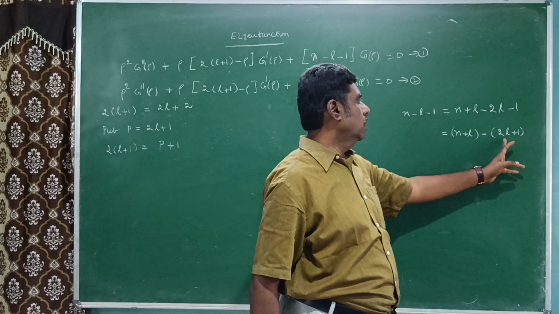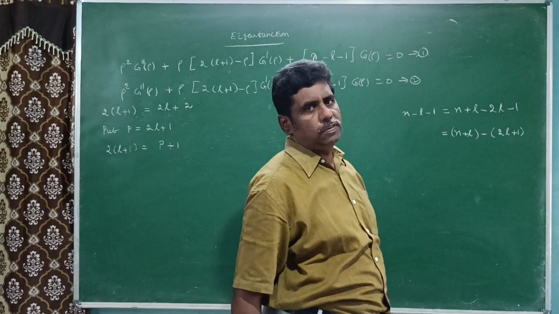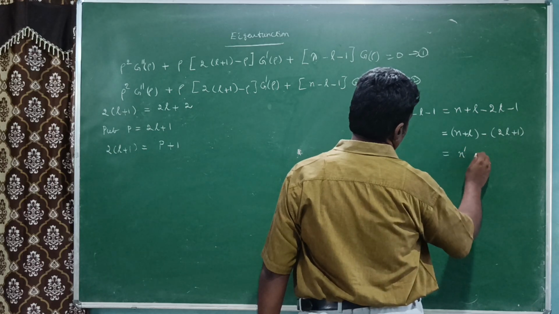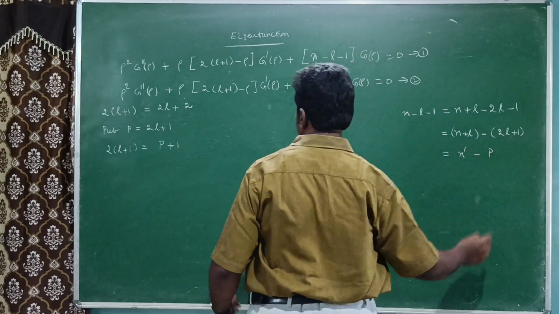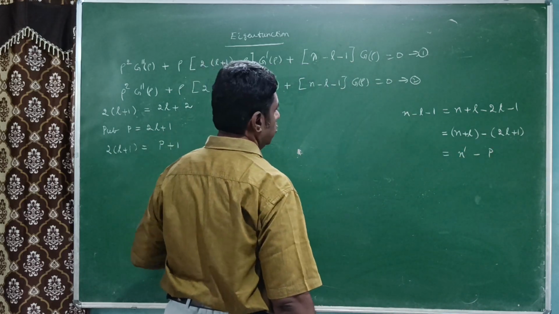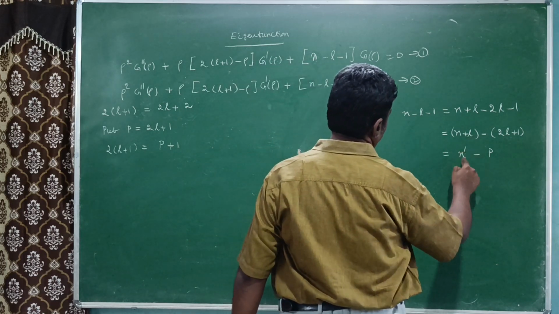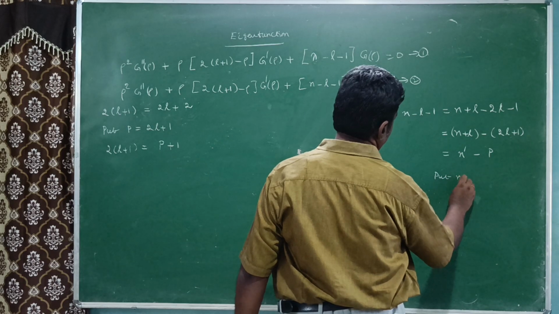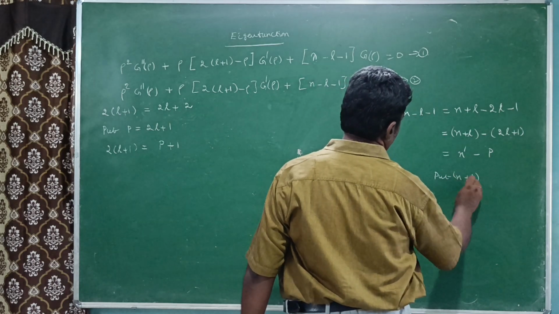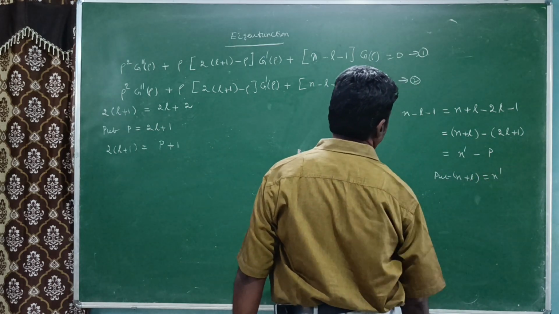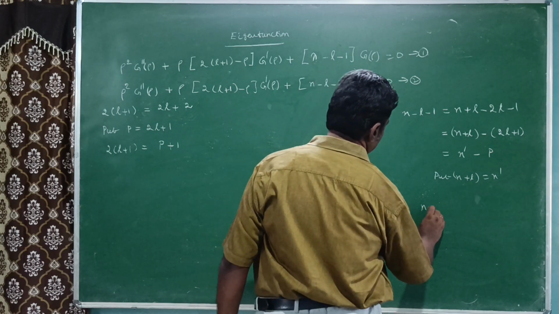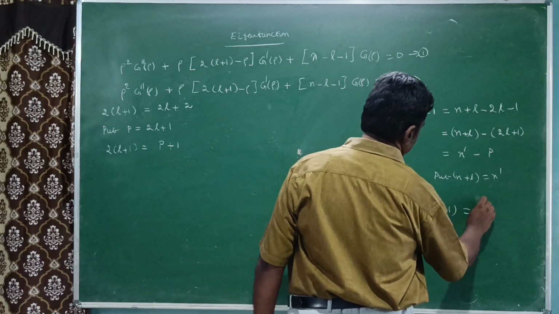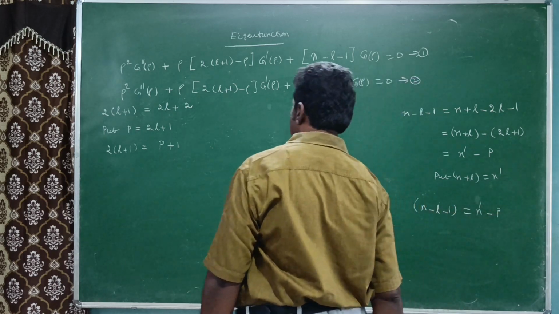These two terms are presented as 2l plus 1, which is our p. Here n plus l is taken as n dash. Put n plus l equal to n dash. Therefore, n minus l minus 1 equal to n dash minus p.